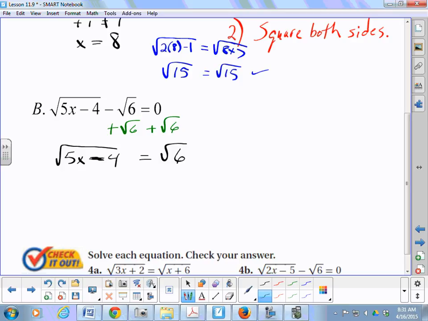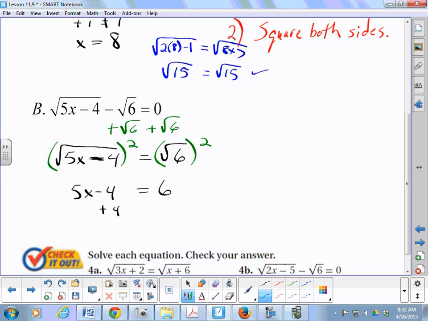Then we can square both sides. Get 5x minus 4 equals 6. Much nicer, much easier thing to solve than that gobbledygook that we would end up with if we didn't get them on opposite sides.